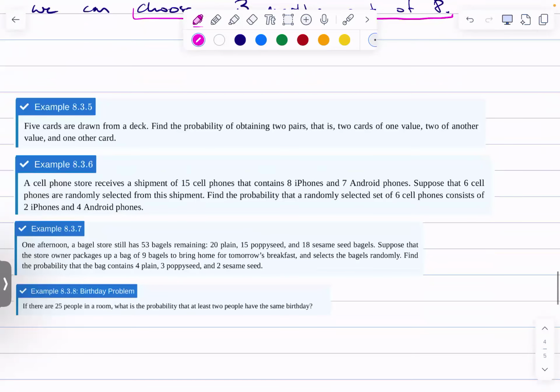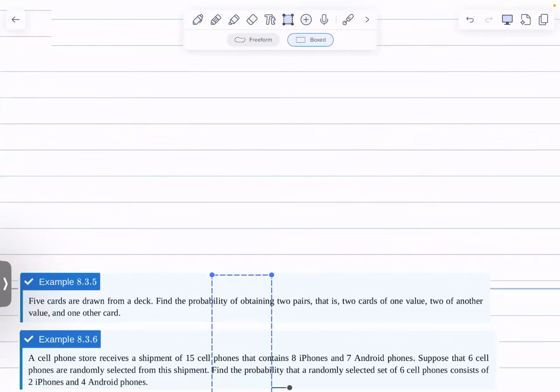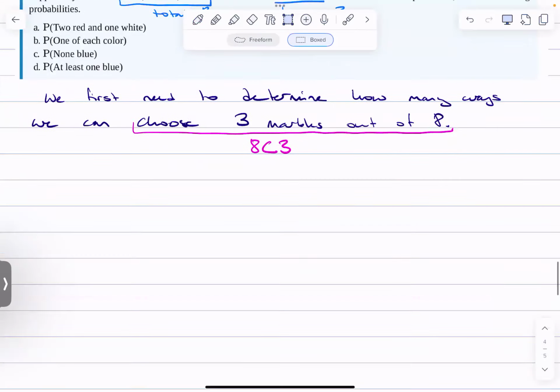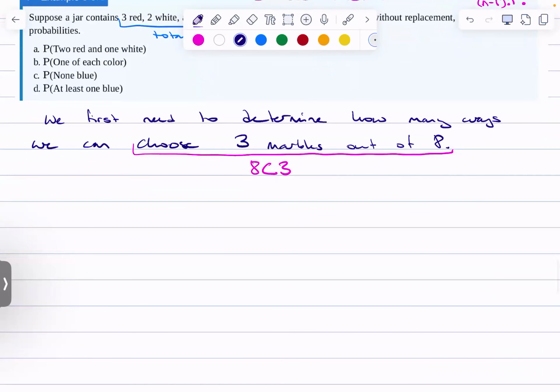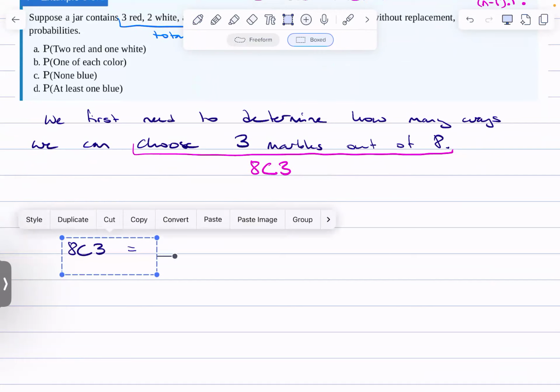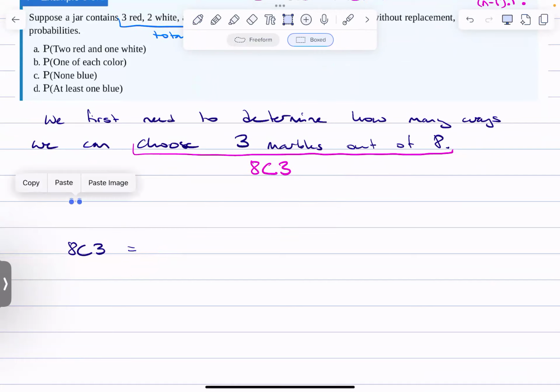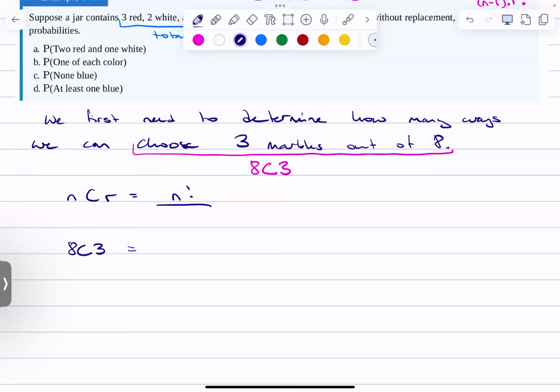And I should have started a next page, I think. We can use the factorial formula just for practice. 8 choose 3, or let's do the general factorial formula first. nCr is n factorial over n minus r factorial times r factorial.